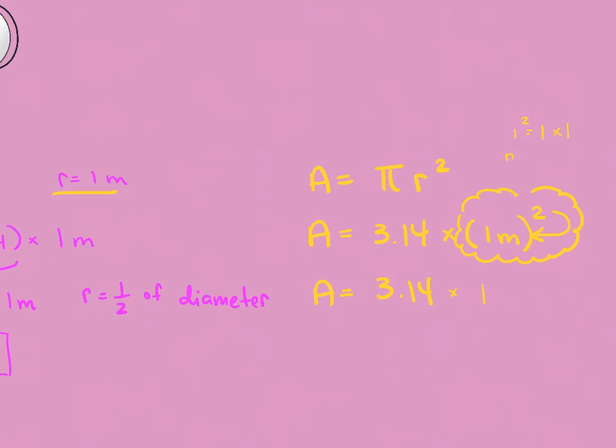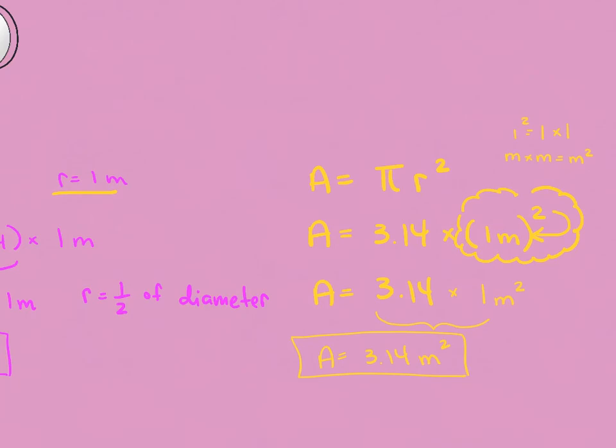So what's meters times meters? Well, that's meters squared. Now you're going to multiply 3.14 times 1 meter squared, and that's going to give you 3.14 times 1 is 3.14, and then meter squared is just meter squared. That's your area.